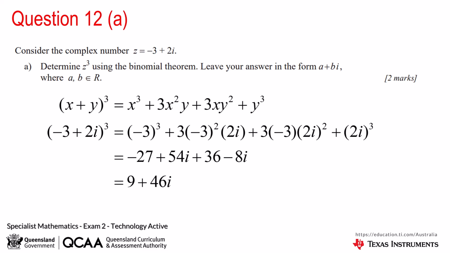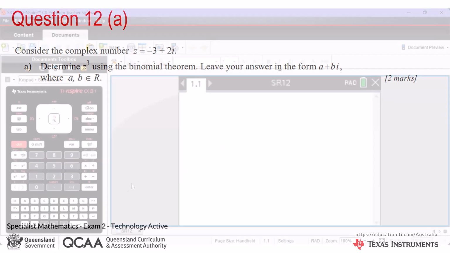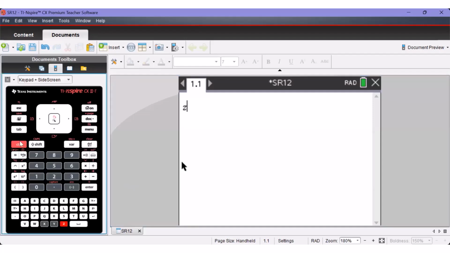But what we can do on the Nspire is that we can confirm our use of the binomial theorem. And because this question consists of 4 parts, what I think is a prudent idea is to assign z. So we'll press z, control symbols template.